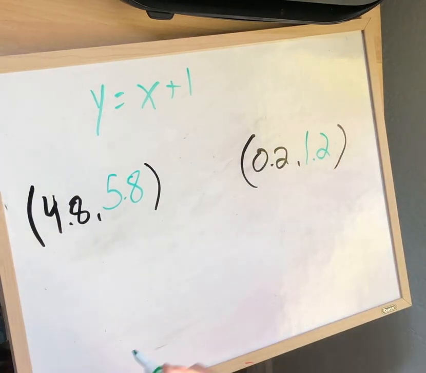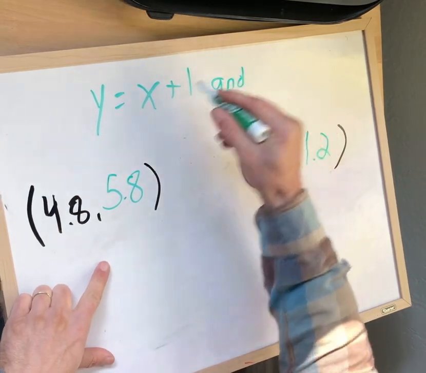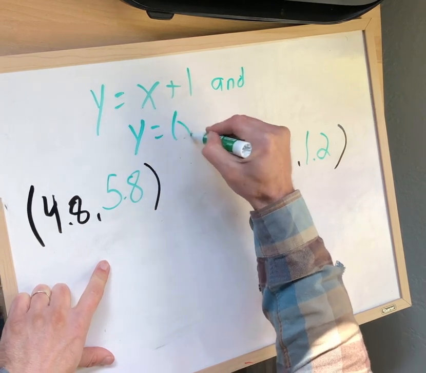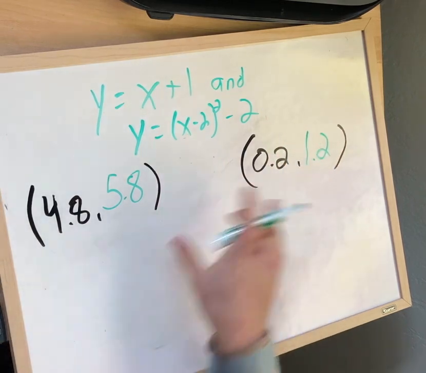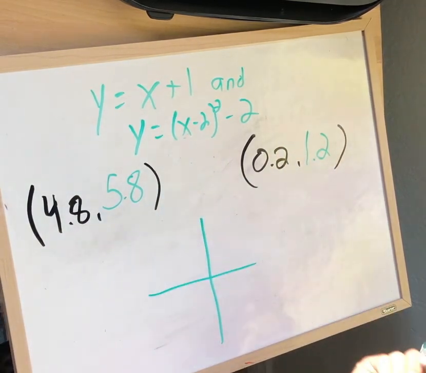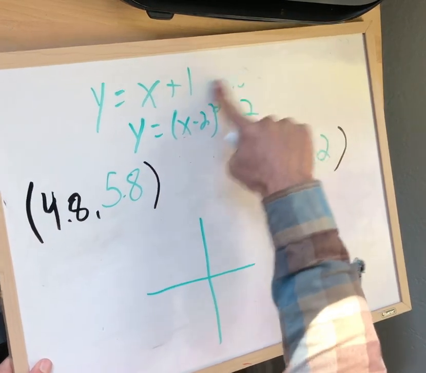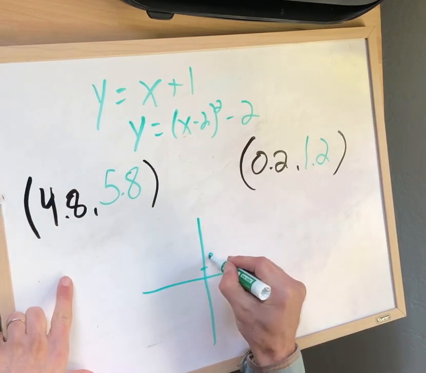That means if I were to take this equation and y equals x minus 2 squared minus 2, they're going to intersect at these 2 points. And this is going to make a lot more sense if I just graph this to show you. I'm going to graph the first one. x plus 1. I'm going to go up 1 and then up 1 over 1.